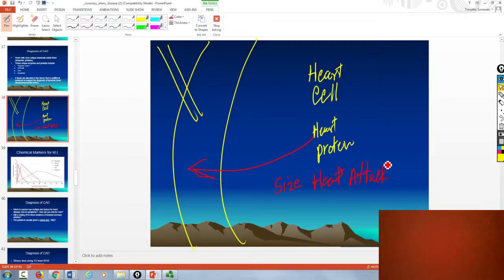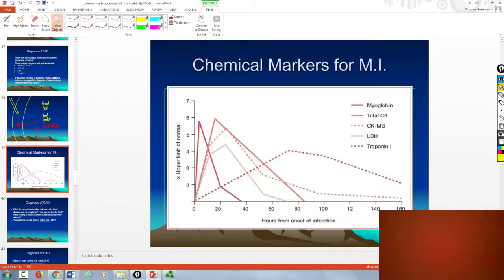So that's how doctors, after a few hours, if someone comes in the emergency room, can talk to the family and say, look, they had a big heart attack, or, don't worry about it, they only had a little heart attack. So these are the common chemical markers for heart attack.